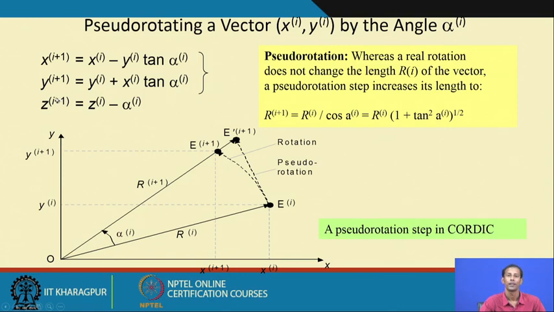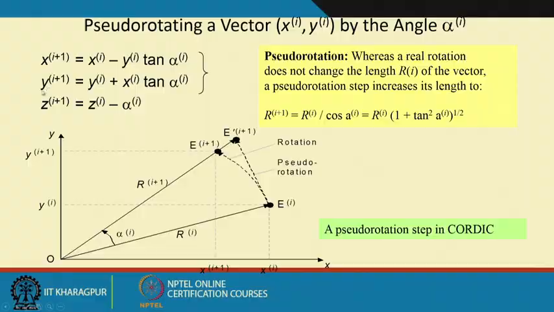This equation I have to write after rotating the vectors by an angle of alpha, which is mentioned here as alpha. Okay. Whenever we are rotating, as I said in the beginning, CORDIC is based on some predefined angles, and it decomposes the desired rotation angle.